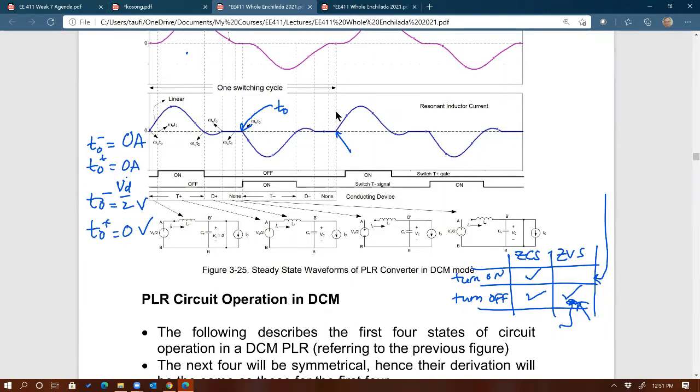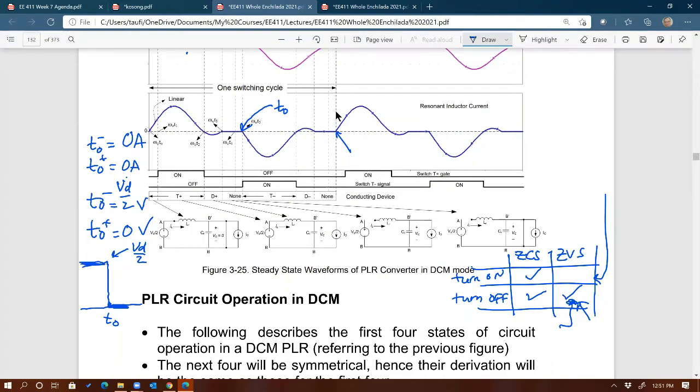Very good. So you can see by just looking at these two values, let's say I draw T0 right here. That's our T0 point. Right before T0, it is very high, VD over 2. And then right after T0, voltage is 0. So it jumps from very high voltage and drops to 0 in almost no time.